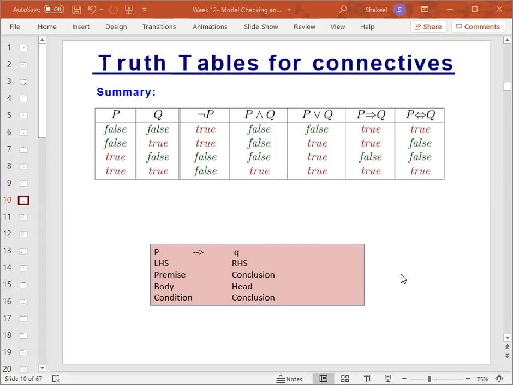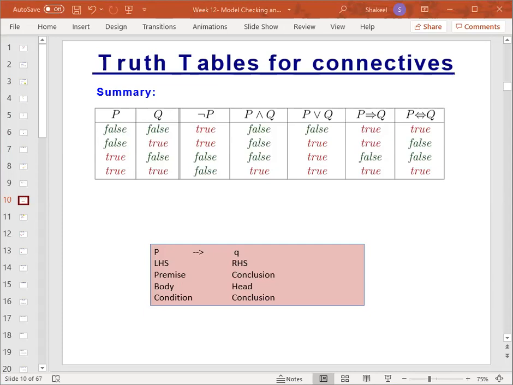So we have the negation of the proposition, the conjunction, the disjunction, the implication, and double implication or if and only if. We have a truth table of size 2 to the 2, which is the number of propositions, which would be 4 lines in the truth table.